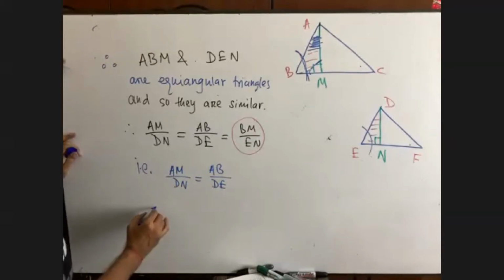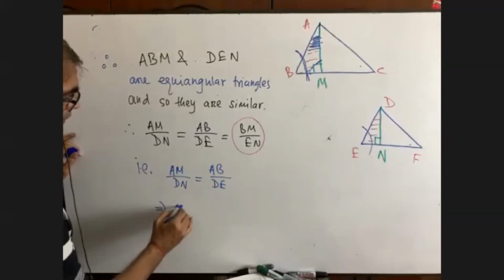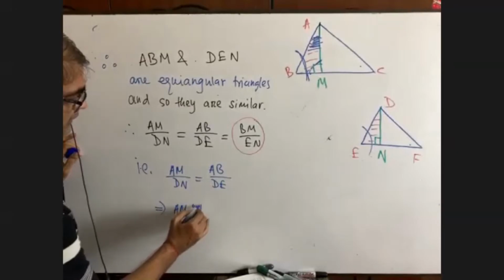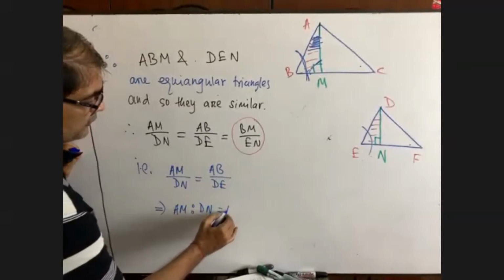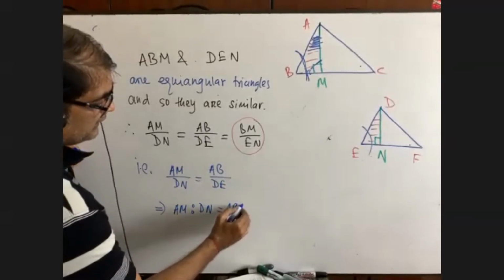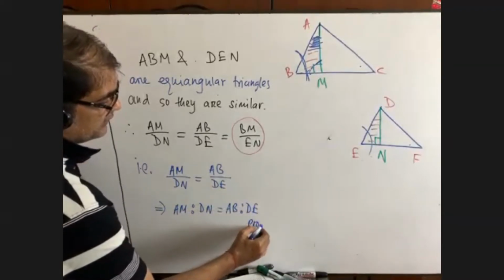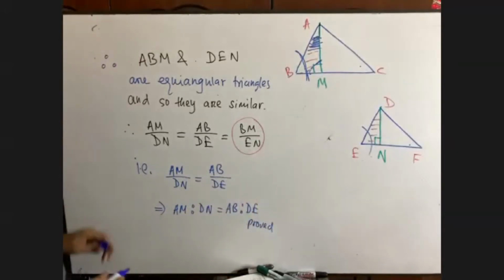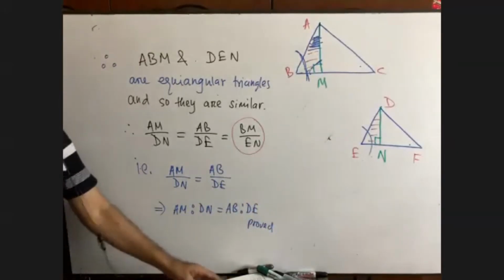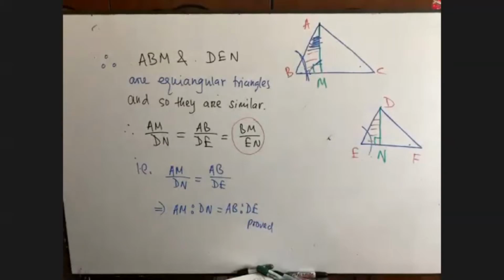Now we can also write down AM is to DN is equal to AB is to DE. Proved. I think it was really very, very easy for you, right?